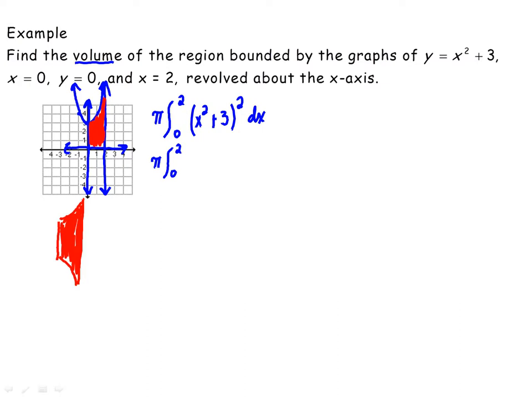Okay, square double square is what I'm going to do. So we're going to have x to the 4th plus 6x squared plus 9. And we're going to integrate with respect to x. What do I do? Well, I did this. Okay.